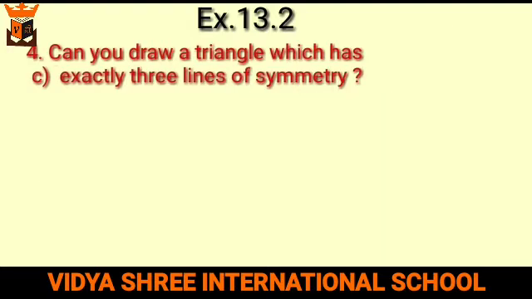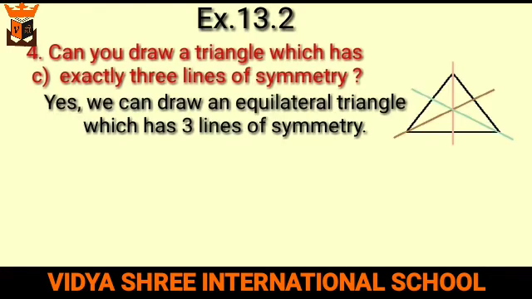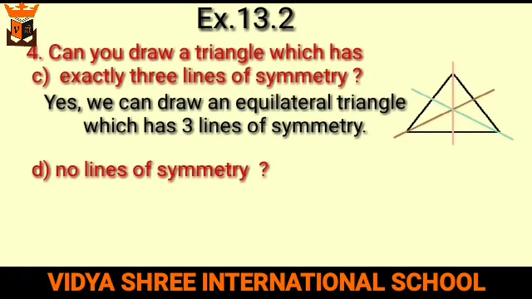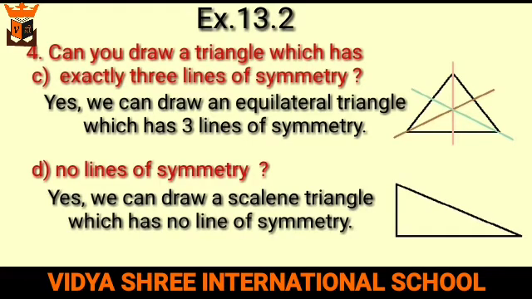Third one, can you draw a triangle which has exactly 3 lines of symmetry? Yes, we can draw an equilateral triangle which has 3 lines of symmetry. Fourth one, can you draw a triangle which has no lines of symmetry? Yes, we can draw a scalene triangle which has no line of symmetry.